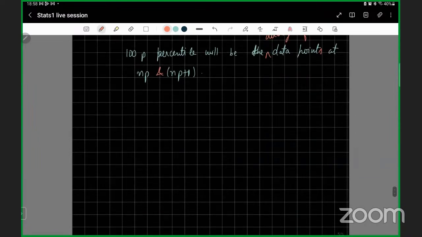Somebody has come in between to ask a doubt. What are outliers? Many times in the data you see some very unpredictable, odd values.